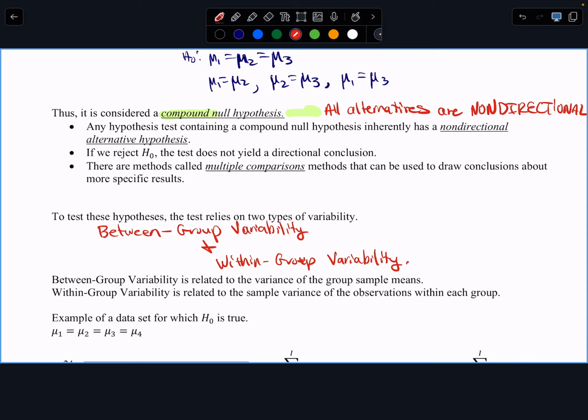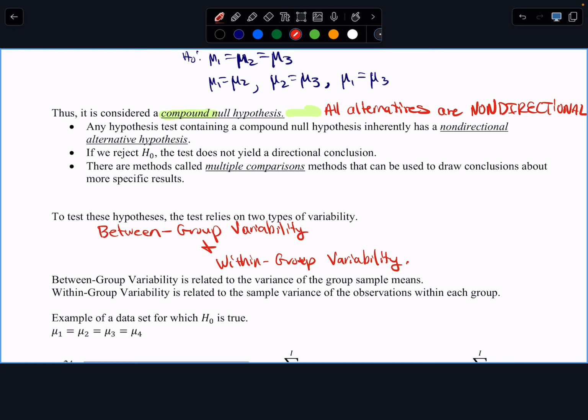Every time I want to compare more than two means and I'm doing an analysis of variance, I'm going to look at two sources of variance: between group and within group. The between group variability is related to the variance of the group sample means.